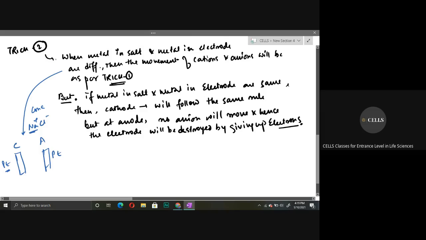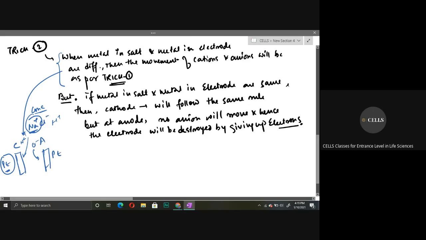So if the metal in the salt and the metal in the electrodes are different, then it will follow trick one. As it is concentrated, here the Cl minus will come, not OH minus, and among Na plus and H plus, which one is less electropositive? Na plus. So Na plus will come.